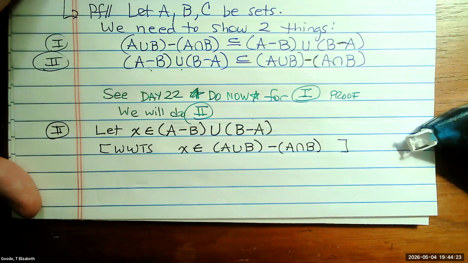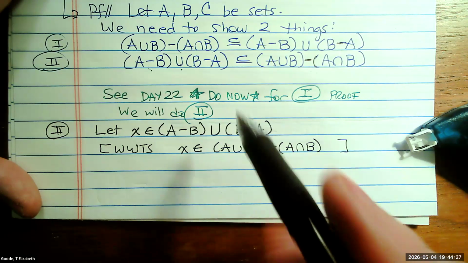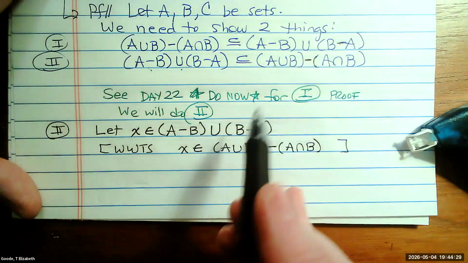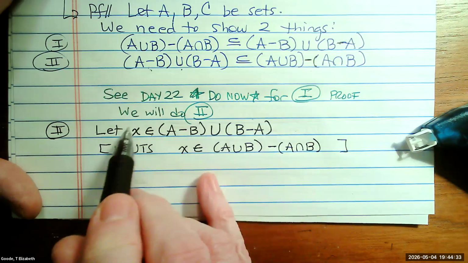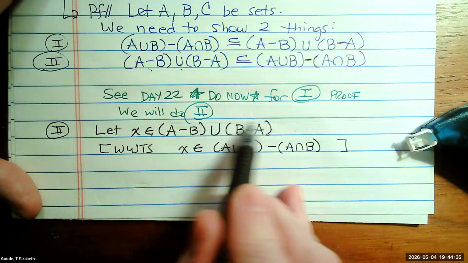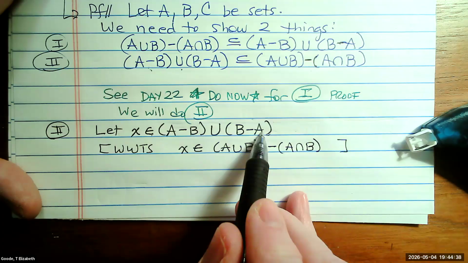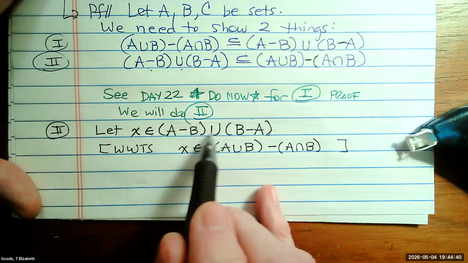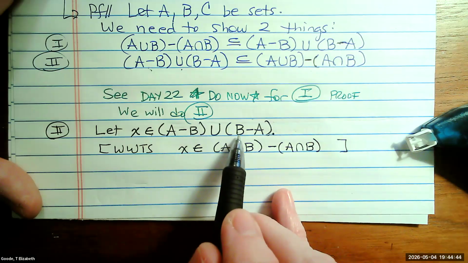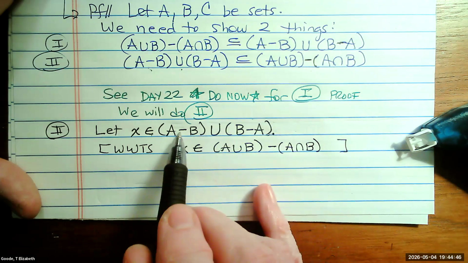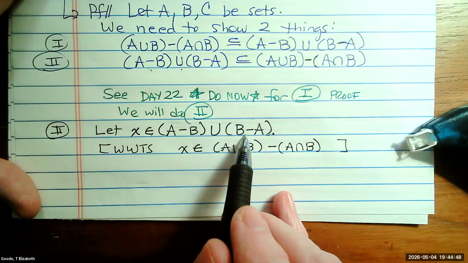So the second thing to understand, the major two concepts, I already told you the first one, is when we try to understand what it means for X to be in this compound set, (A minus B) union (B minus A), we need to break down this set in the opposite order that we would build it up.